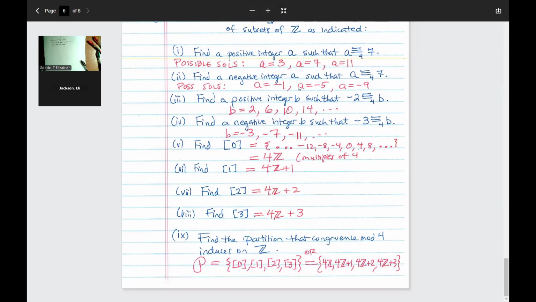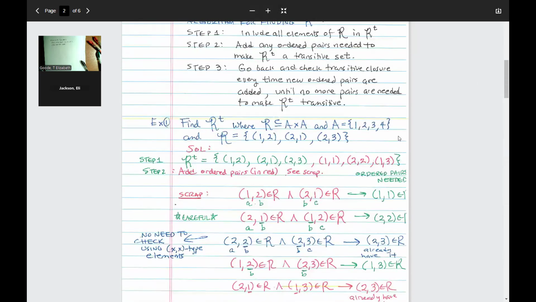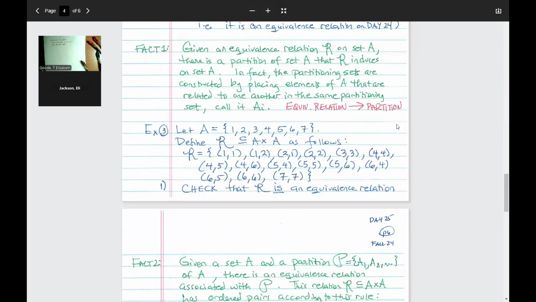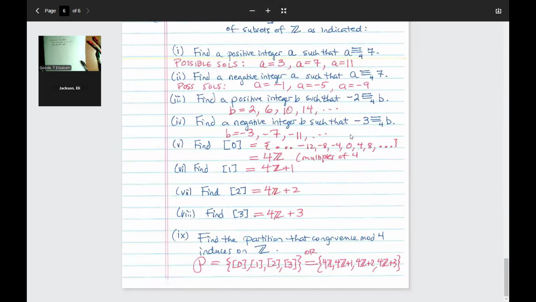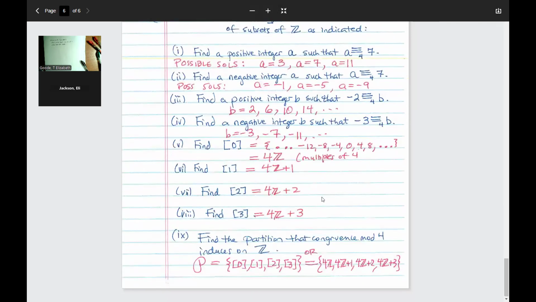I'm also going to refresh these notes because pages 3 and 4 are out of order, and I'm going to fix that. But I'm also going to post the notes that go with the video lecture because, like I said, we drew a number line. It made it a little bit easier to see the relationship between 11 and 7 and 3 and -1, right? We drew them on the number line with jumps of size 4 between them.